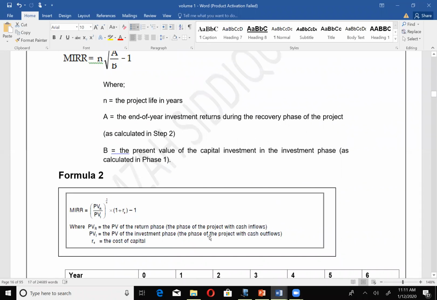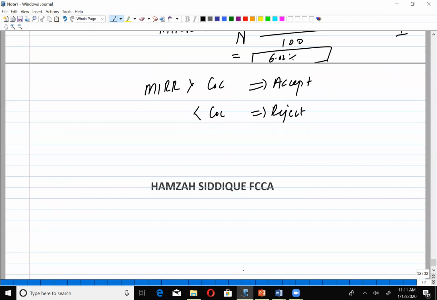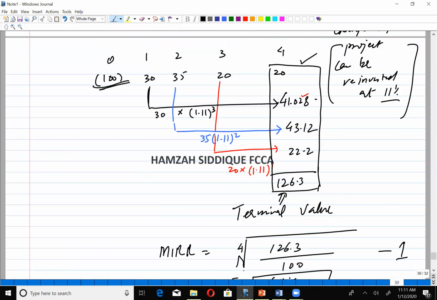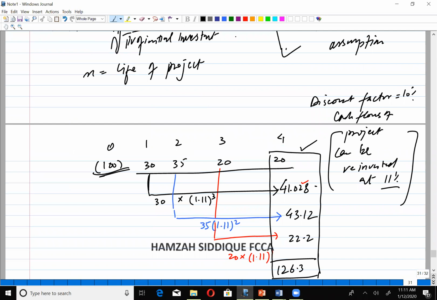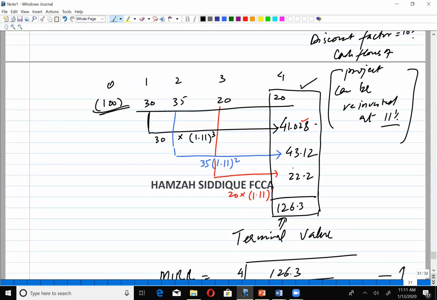Now, students, the next topic which we are going to study is relevant to all of these topics which we have covered so far. We have been using net cash flows in the NPV, IRR, MIRR, everywhere.